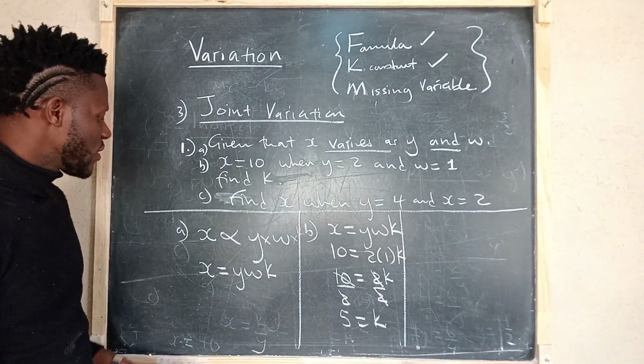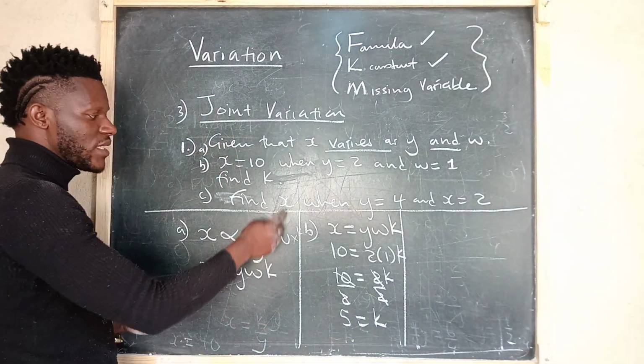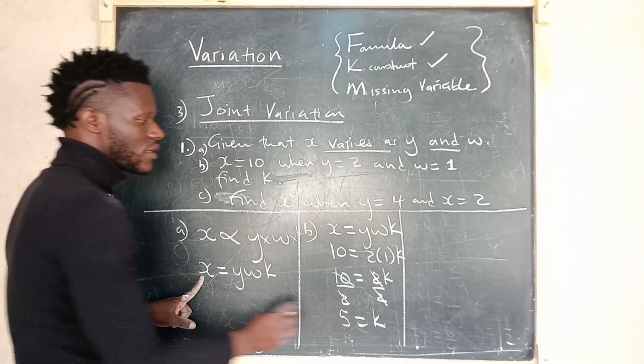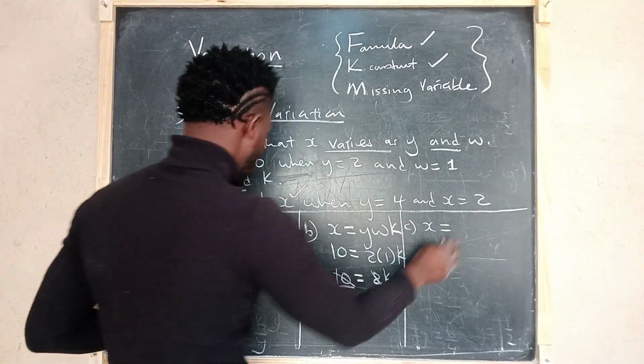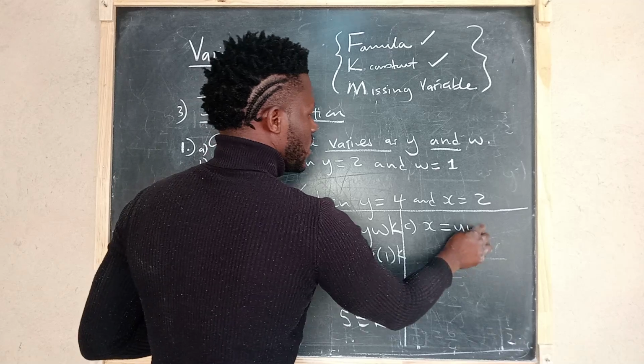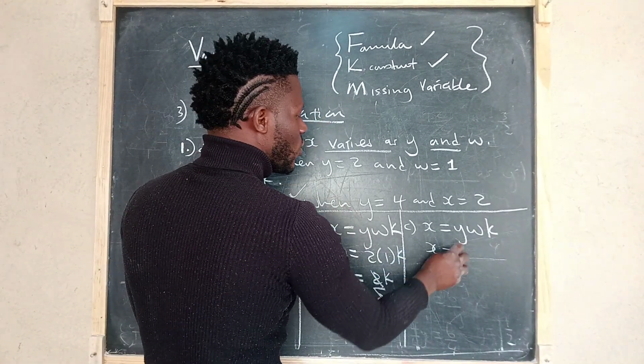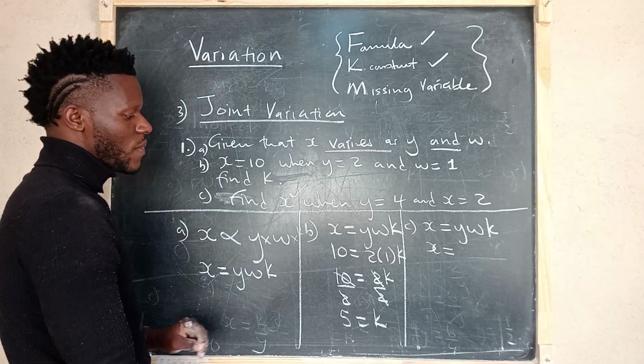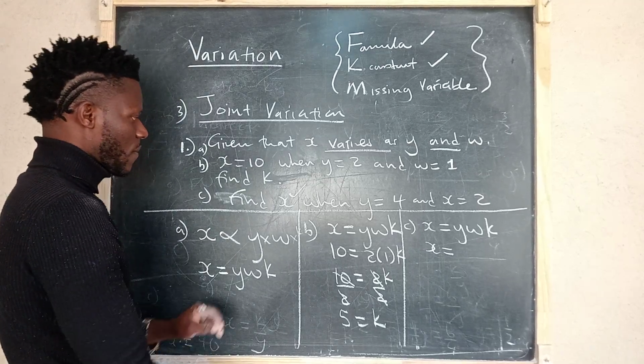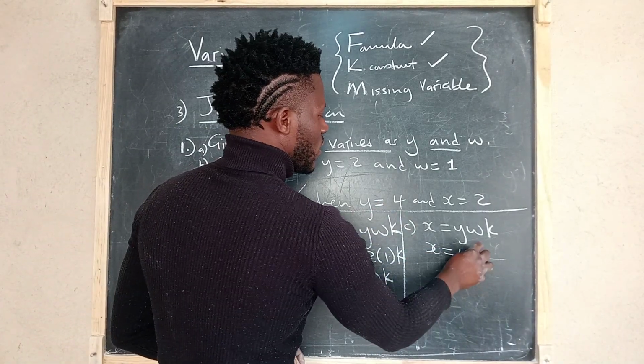Alright, lastly, we want to calculate the missing variable. The question is saying find x. So we take this formula, x equals ywk. In place of x, x will remain unknown. In place of y, y is 4.